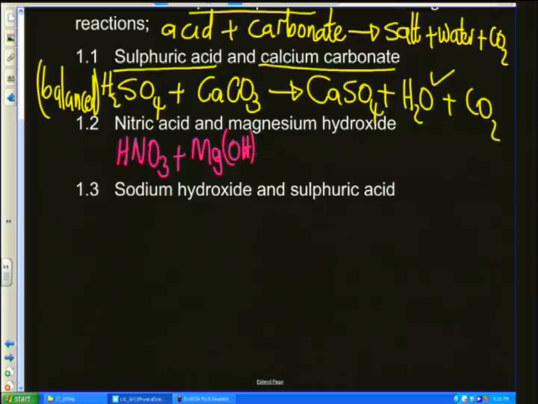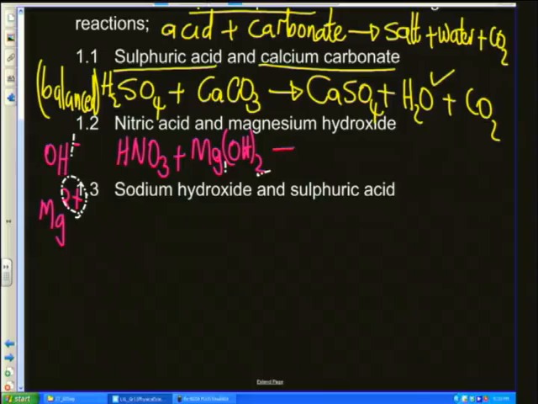Now look at this: the 2 is there because the OH minus is not 2 minus, it's just minus, and yet I've got Mg2 plus. So this 2 is the one that goes down there, and this 1 is the one that came down there. All right, so that's how we ended up with that formula.